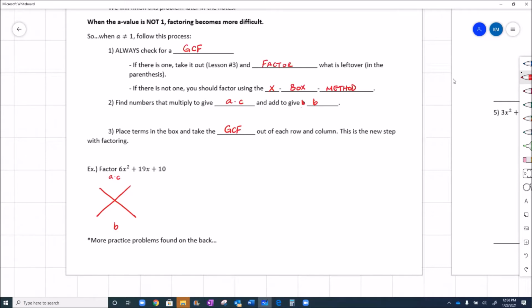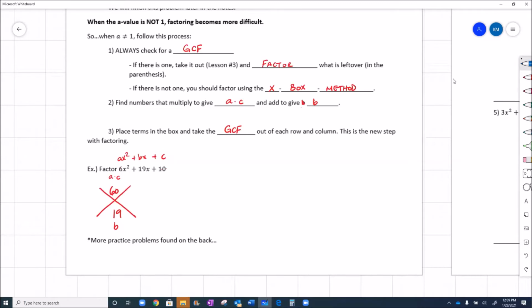So from the problem, a is 6, c is 10. 6 times 10, 60. Remember, ax squared plus bx plus c. Okay, b is 19. So I'm going to find two numbers that multiply to give me 60 and at the same time add to give me 19.